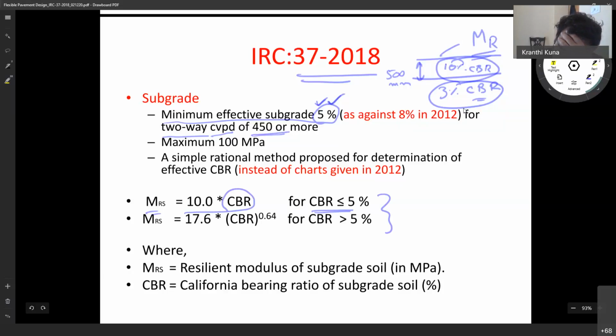Say for example, for 3% CBR that you want to input into IITPAVE, you do 3 into 10, 30 megapascal as the resilient modulus that you input into the software. But if the CBR is more than 5%, this is the expression you have to use: 17.6 multiplied by CBR to the power 0.64.